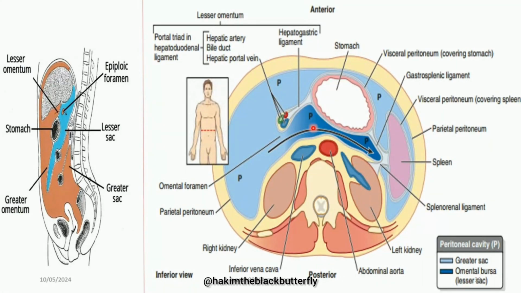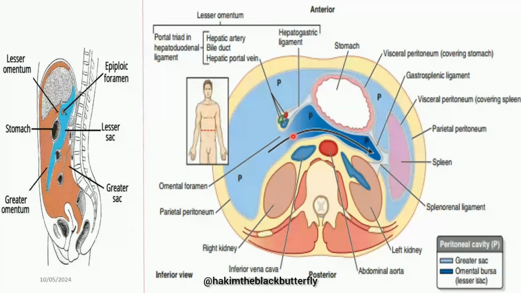This omental bursa communicates with the greater sac through an opening. How do we call this opening? We call it the epiploic foramen, as you can see it there, or you can call it the omental foramen. So it's a gap through which the greater sac can communicate with the lesser sac.